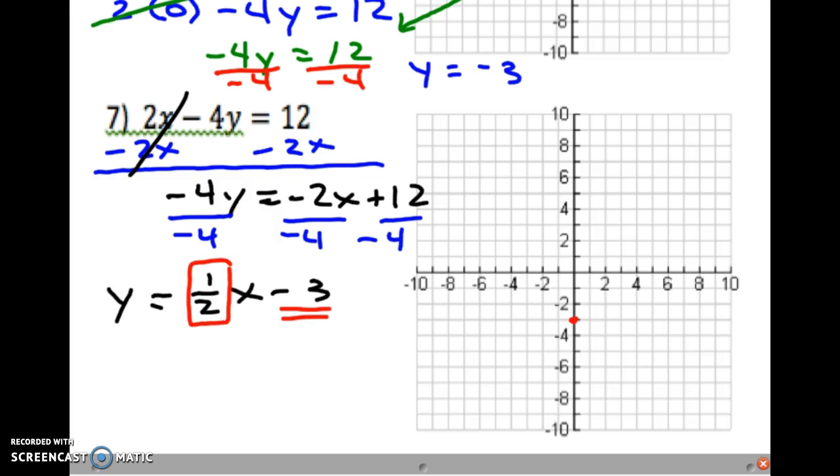Our slope would be 1/2, so we're going up 1 and to the right 2. Doing this multiple times to get several points, once again, we can go the opposite direction, down 1 and left 2. And hopefully we should be able to sketch in our line.